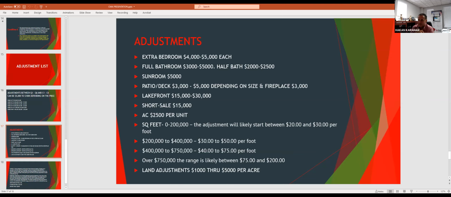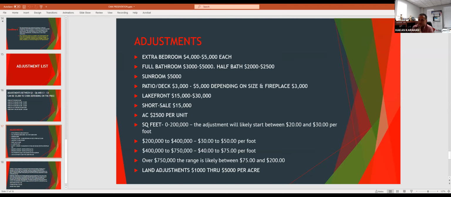Full bathrooms, $3,000 to $5,000. Half bathrooms, $2,000 to $2,500. Sunroom, $5,000. Patio deck, $3,000 to $5,000 depending on size, and fireplace is $3,000. If you recall, I used a $2,500 credit on these myself. So that's pretty much what the appraisers tend to use.